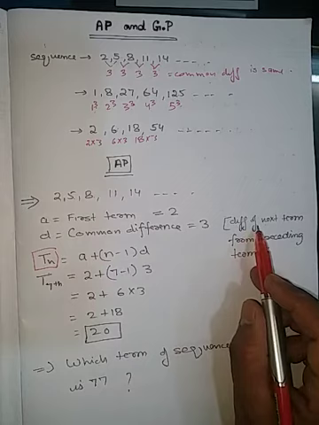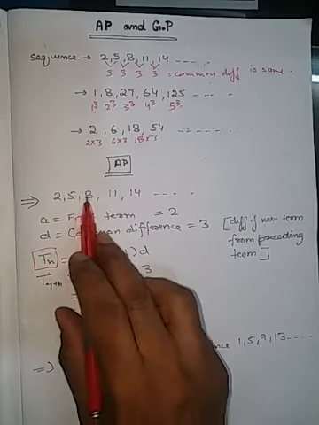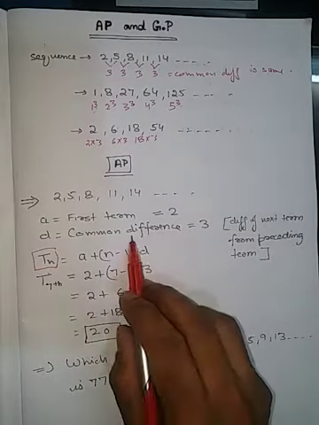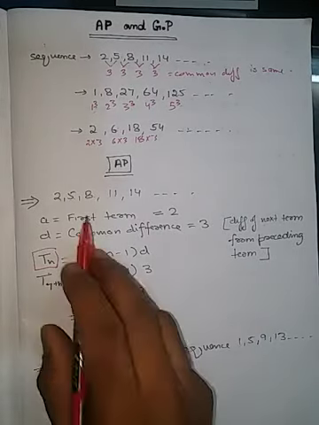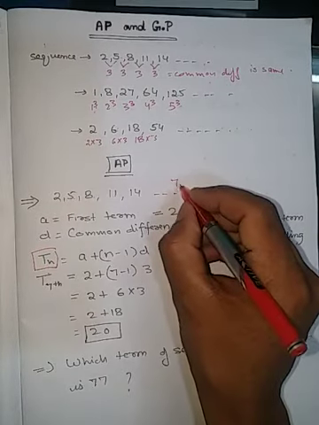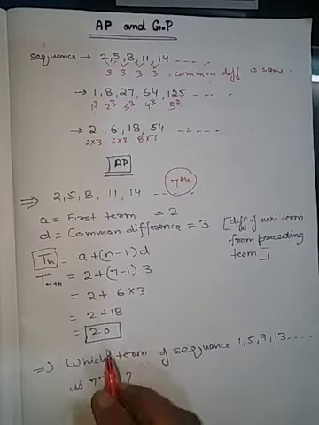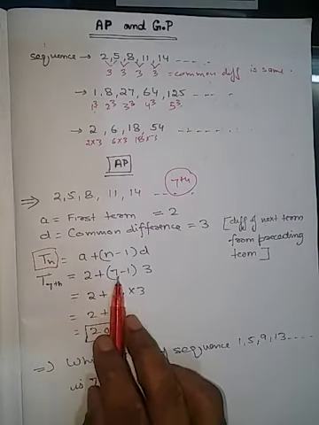Remember, the difference is taken by subtracting the preceding term from the next term: 8 minus 5. So the common difference is 3. Suppose we are going to find the 7th term of this series. The formula, the single formula I have told you till now, is a plus n minus 1 into d.